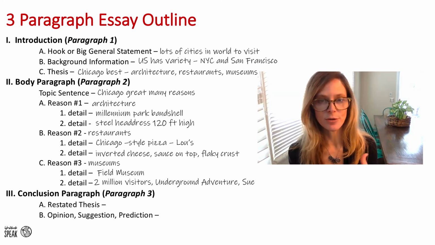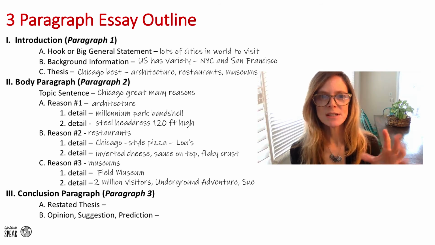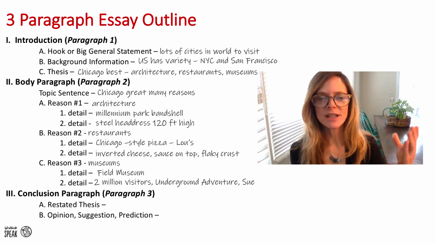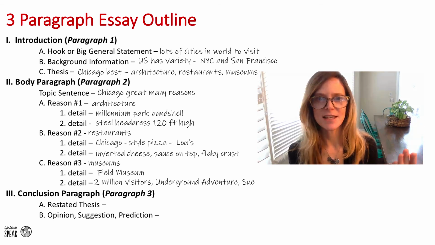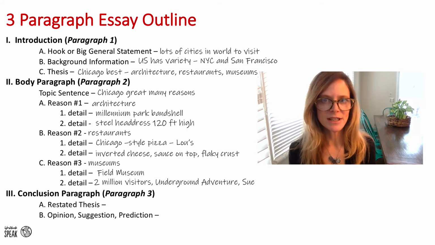It has over 2 million visitors, and then there's the underground adventure display, and then there's also Sue, the dinosaur. So as you can see, when I write down these little notes, I have the structure for this pretty long body paragraph, and each sentence is organized so that when I go to write, I just have to fill in a little more information.